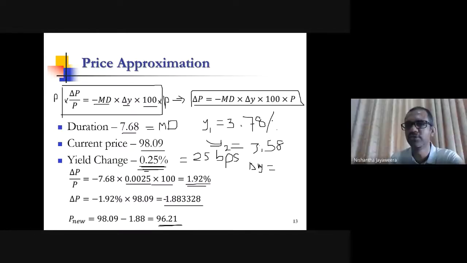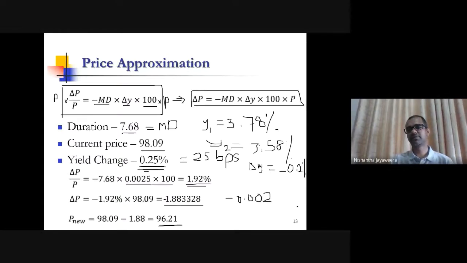But when you do the calculation, remember, you have to put negative. This is negative 0.2%, but when you subtract here, it should be negative 0.002.